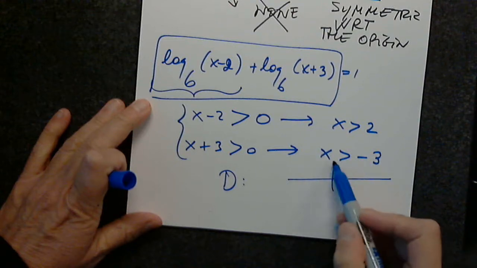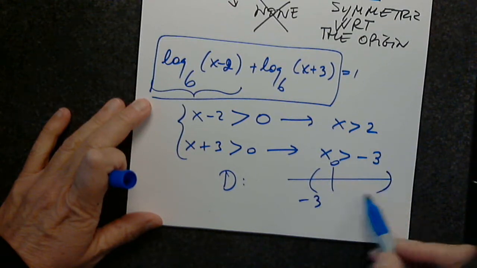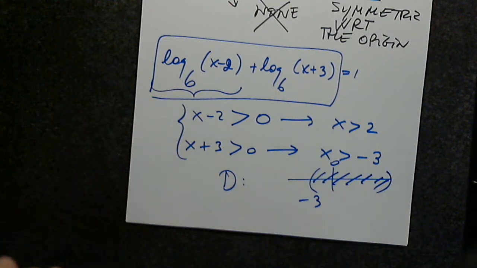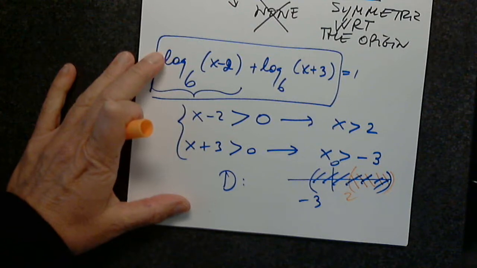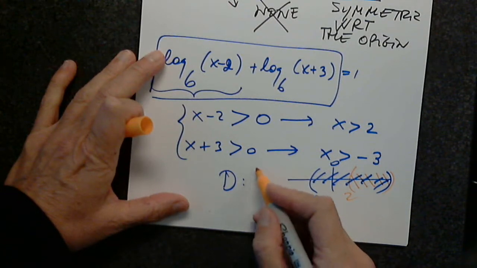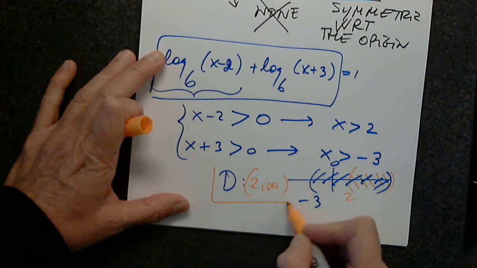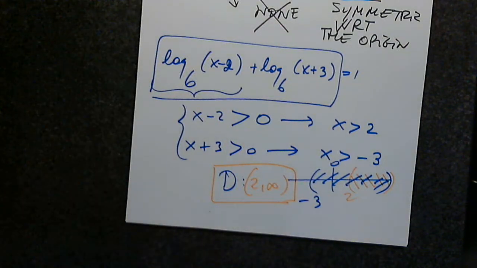So if you graph between -3 and infinity, we get this. If you graph the other one between 2 and infinity, you get this. And you want both colors at the same time. So then the domain is 2 to infinity. What does this mean? It means that if the solution is not a number greater than 2, the equation has no solutions.